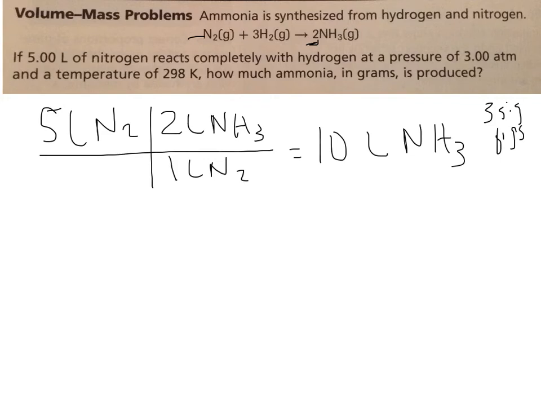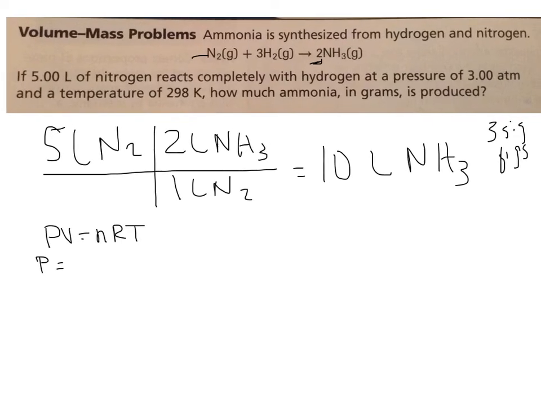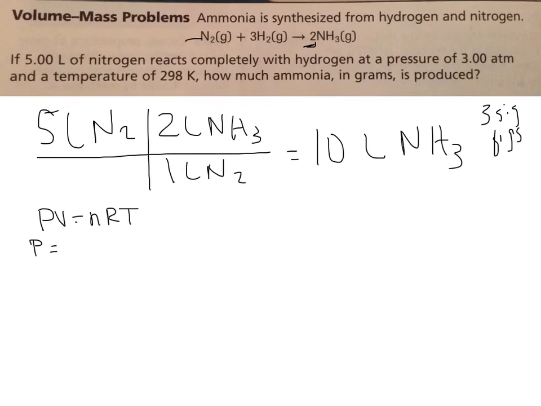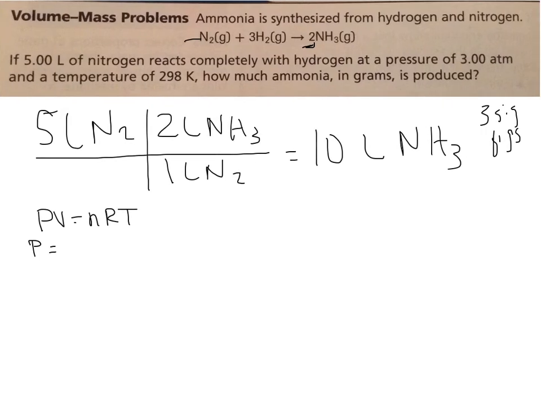And then the next step tells us that we need to use the ideal gas law, so we're going to use PV equals nRT to find our number of moles, and our pressure is 3.00 atmospheres, and our volume is now 10.00 liters, or 10.0 liters.